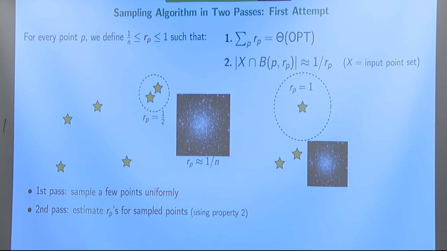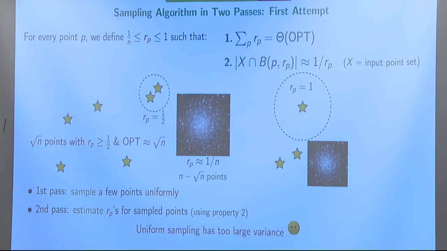Okay, so now maybe if you stare at this instance for a second, you may see what's the problem with this. Let me define the instance more precisely. Let's say I have square root of n points which have large RP, and then the rest of the points are basically in a very dense cluster, which you can serve very cheaply.